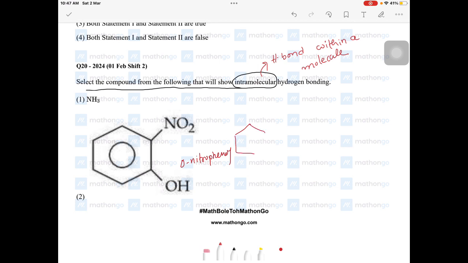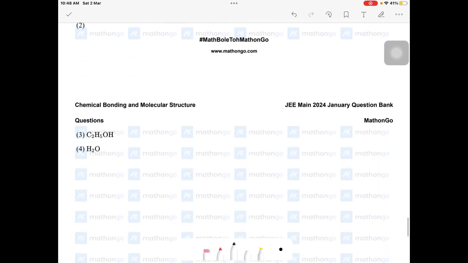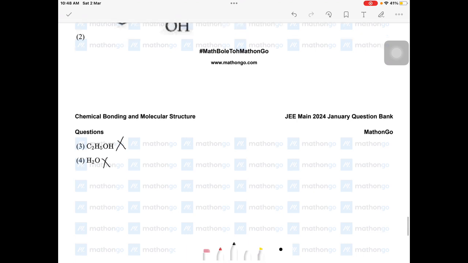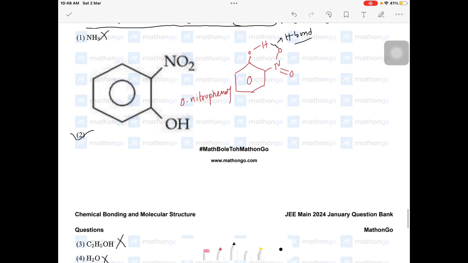Take the structural formula of orthonitrophenol, OH and NO2. Between these two we get hydrogen bond. That's why it is intramolecular hydrogen bond. C2H5OH does not form, H2O also does not form, NH3 also does not form. So the second one, orthonitrophenol, forms intramolecular hydrogen bond.